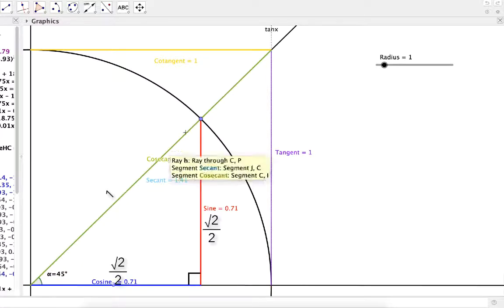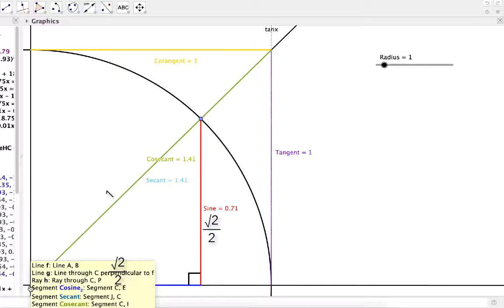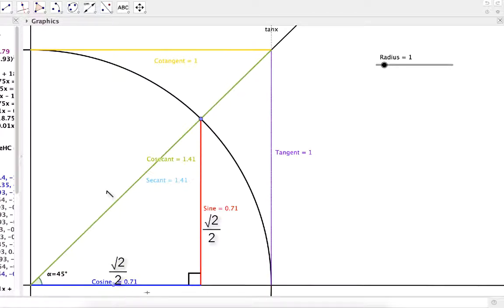Now we're going to use that scaling factor to turn this to 1. So that's going to be multiplying both of these side lengths here by square root of 2 over 2. And so that's why the x component, which is cosine, is square root of 2 over 2, which is the exact same as the sine, which is square root of 2 over 2, because the 45-45-90 triangle is an isosceles triangle, where both of these legs are the same distance.